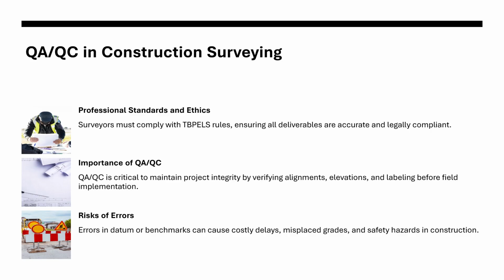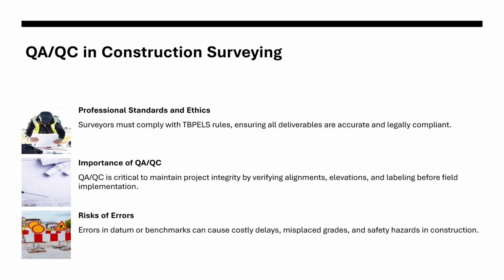QA/QC means checking that every alignment ties into the correct control, that every profile reflects verified elevations, that every label communicates clearly, and every staking plan is internally consistent, and that these reviews can catch our errors before they reach the field. Errors that can cost thousands of dollars, delay schedules, or endanger worker and public safety.